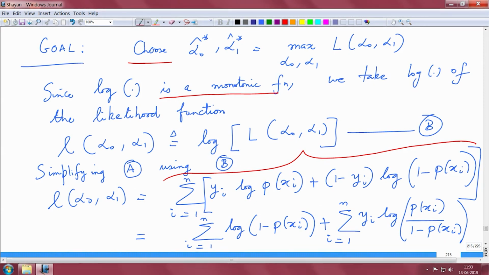Now, you can interpret this second term. So, this is the first term and this is the second term. Given p of x upon 1 minus p of x as the odds, this is basically the log of the odds, and we can get a linear relationship here from our previous discussion, and we will use that property towards our simplification.